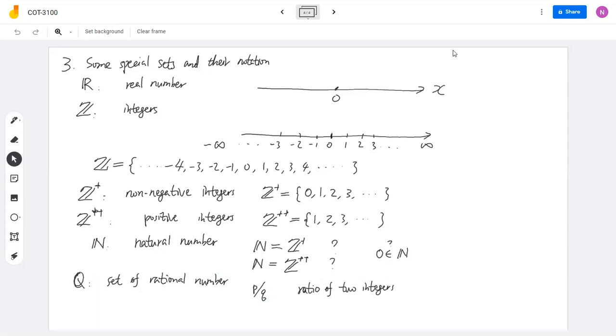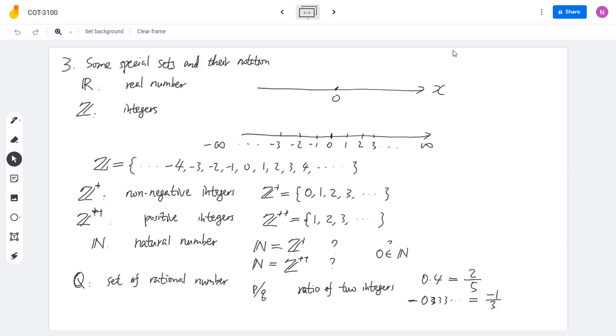For example, 0.4 is rational because it's 2 over 5, and minus 0.33333 equals minus 1 over 3. So this is also a rational number.